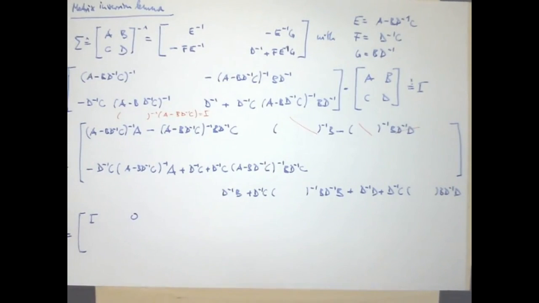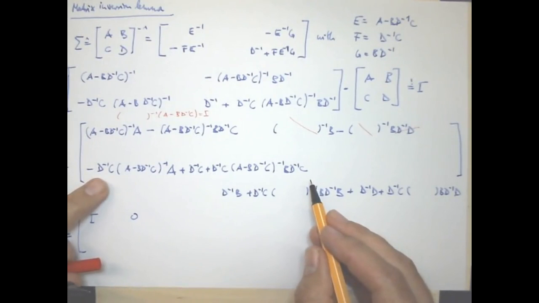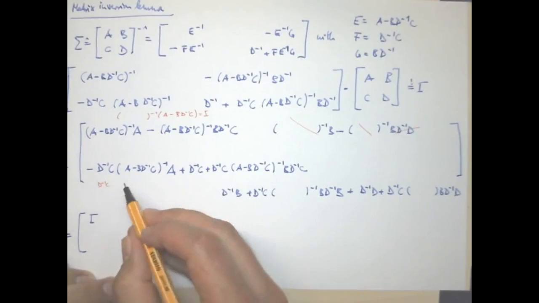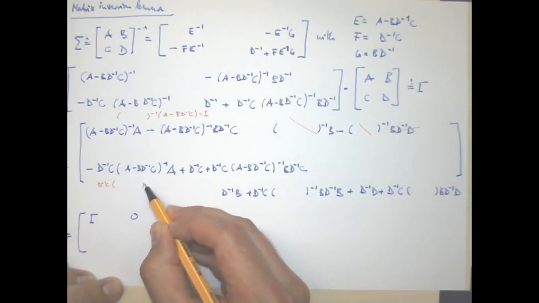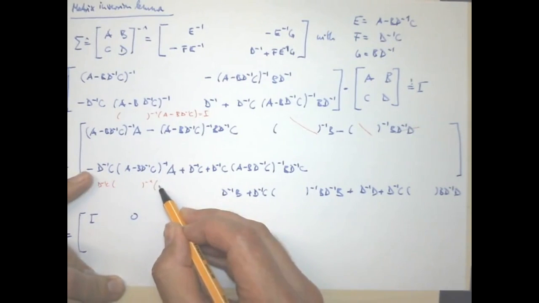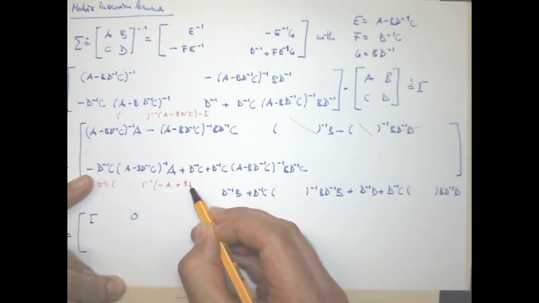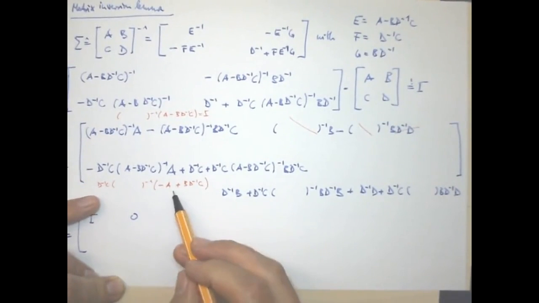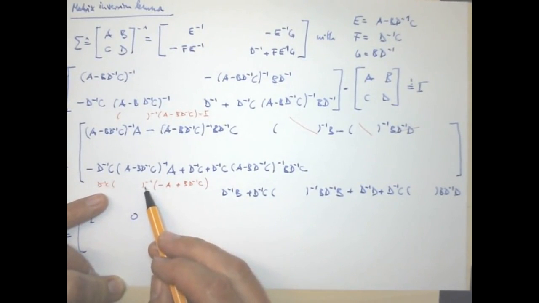Now how about this one? I can multiply out D minus 1 C on the left-hand side, and that will give me minus A plus B D minus 1 C, which is up to the sign the same thing that's in the equation.